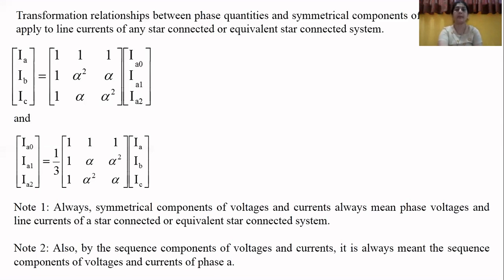Until the system is only in one term, it is fine, but the system can be either star connected or delta connected. And we know that in a star connected system, VL is equal to root 3 times V phase. And in a delta connected system, IL is equal to root 3 times I phase.